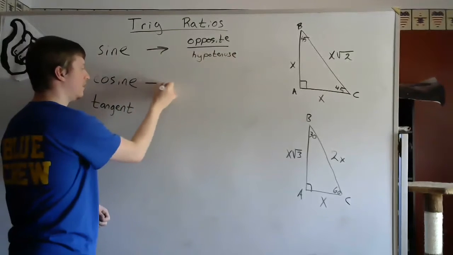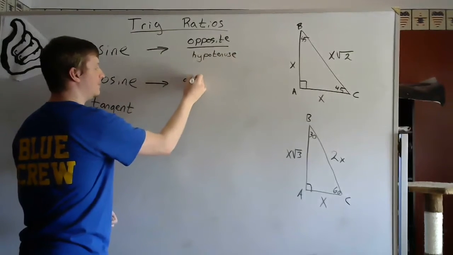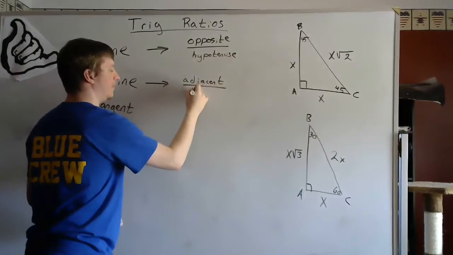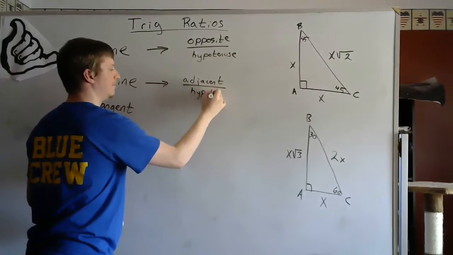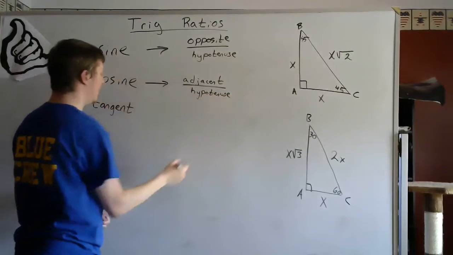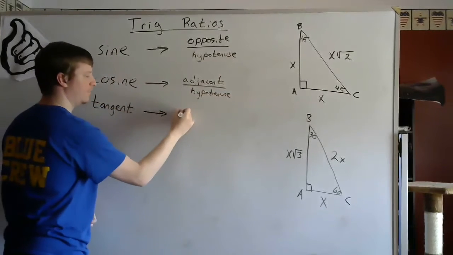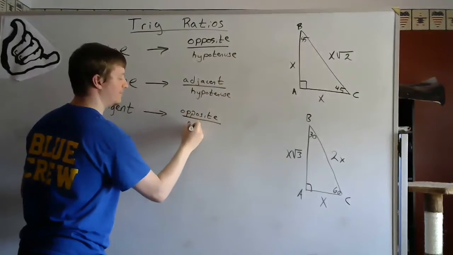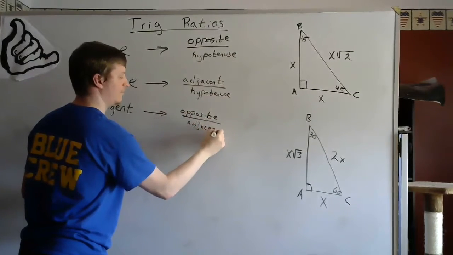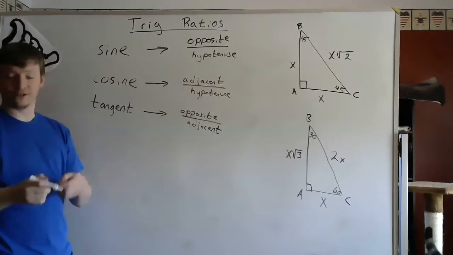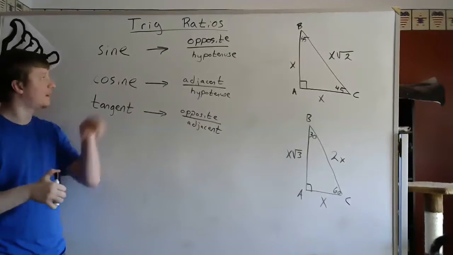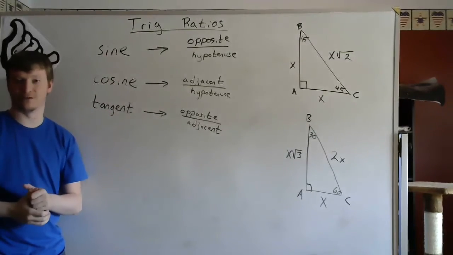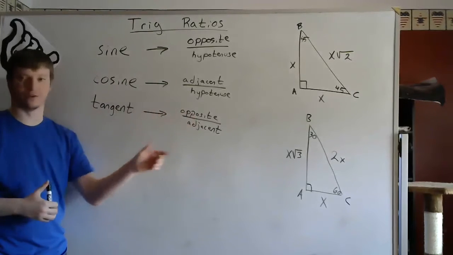For cosine of a given angle, we have adjacent over hypotenuse. And for tangent, we have opposite over adjacent. These are the ratios that we want to be thinking about anytime you hear these words. Sine is opposite over hypotenuse, cosine is adjacent over hypotenuse, and tangent is opposite over adjacent.